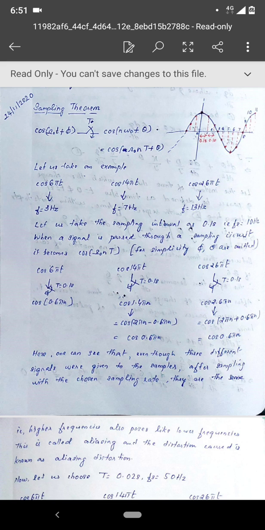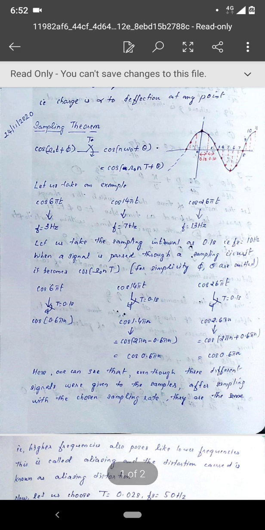So the time is discretized, but the amplitude is still a continuum. That is why it is called a discrete time signal. So an analog signal, after it is passed through a sampler, becomes a discrete time signal and not a digital signal. That is one point you have to remember, because the time scale is being discretized, not the amplitude.